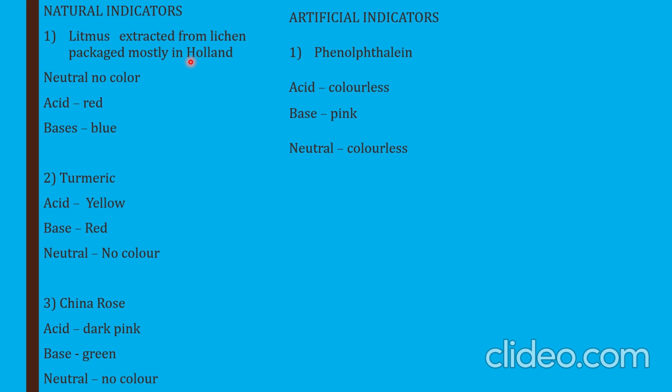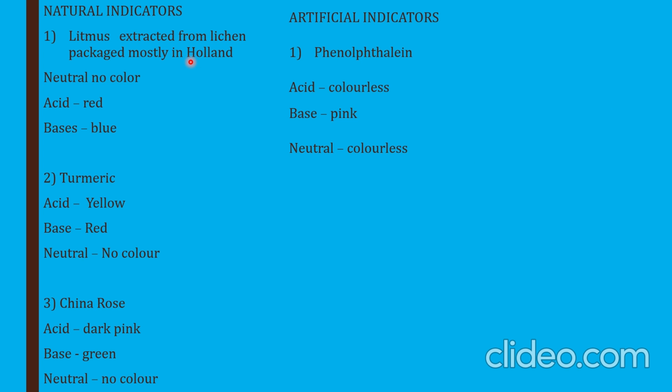In our very first chapter, Nutrition in Plants, we heard about symbiotic nutrition. If you didn't check those videos, go to our channel and view them. There we discussed symbiotic nutrition and talked about lichen, a symbiotic association between a fungus and an alga.